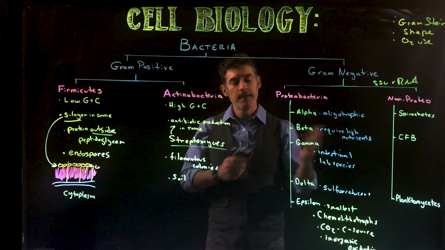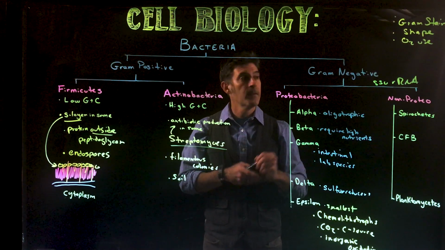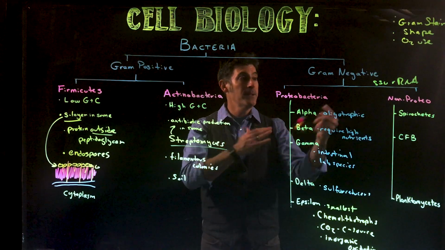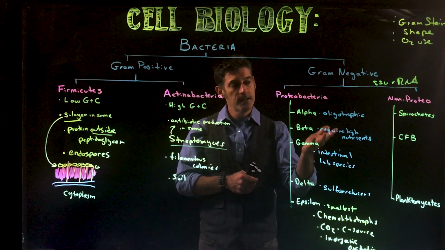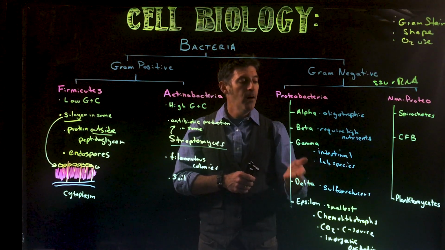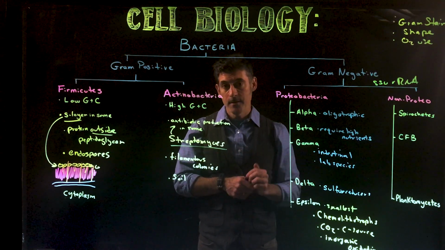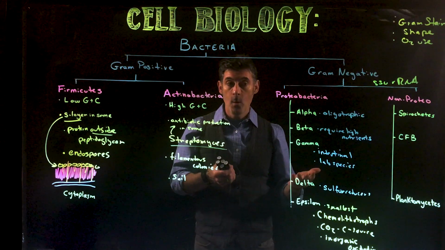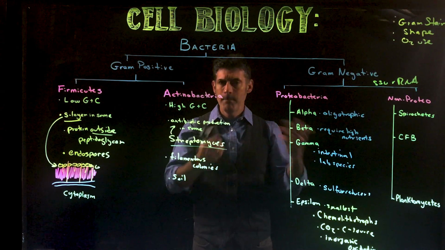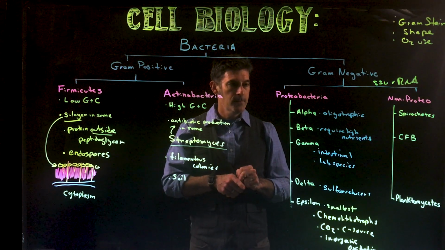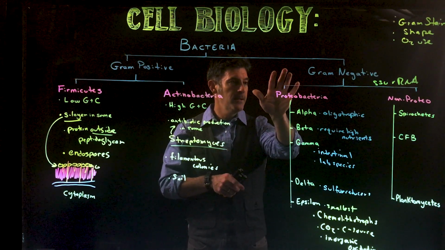Again, all these groups can have a variety of different members that use or don't use oxygen. They could be different shapes and do all these different things. One of the hardest things about this is all members of the group aren't necessarily going to display these characteristics. It's just that they're noteworthy. There might be some very important members of the group that do, and many of them may carry these traits. Right? So that's gram-negative bacteria.